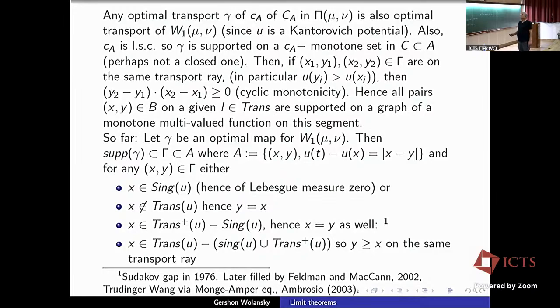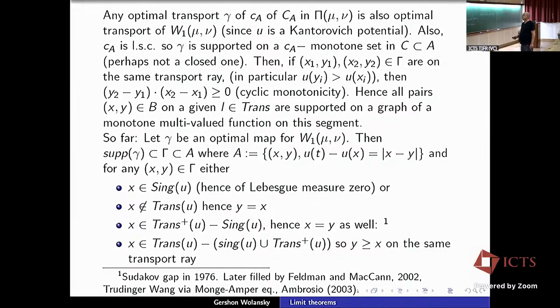If a point (x,y) is in the support of the optimal gamma, then either x is a singular point of the function mu. Singular means non-differentiable. So we don't care about it because we know by Rademacher theorem that a Lipschitz function has only a measure 0 set of non-differentiable points.